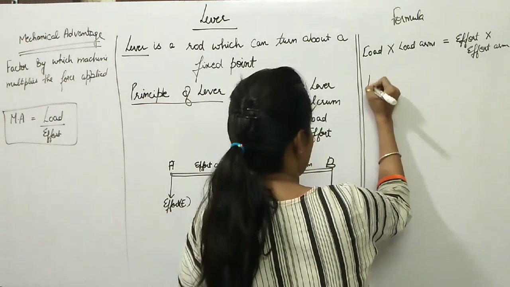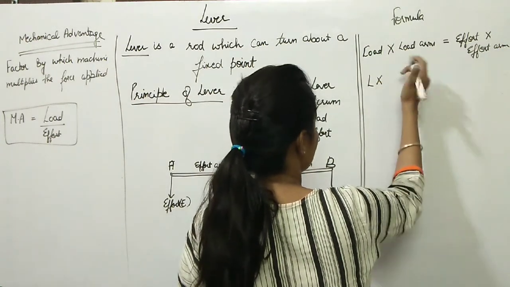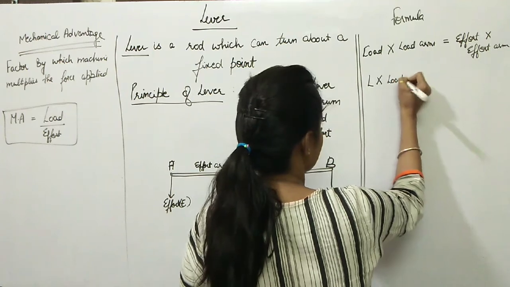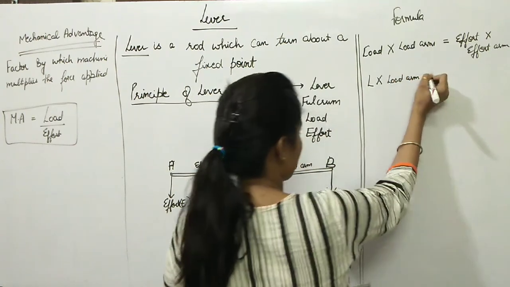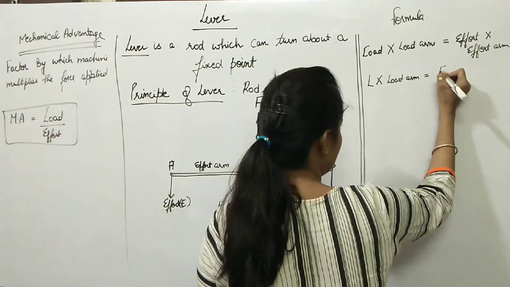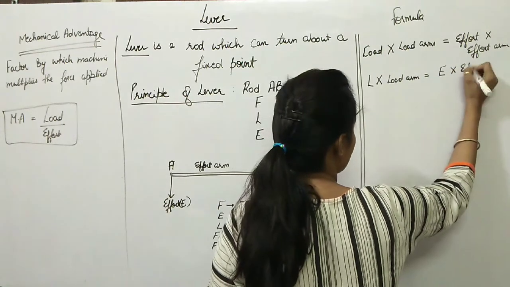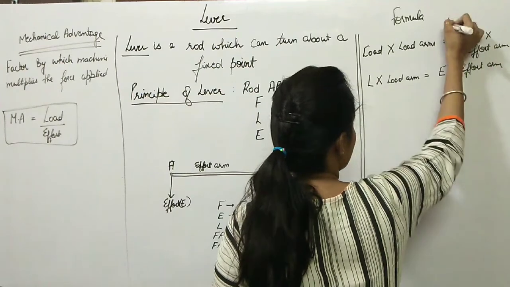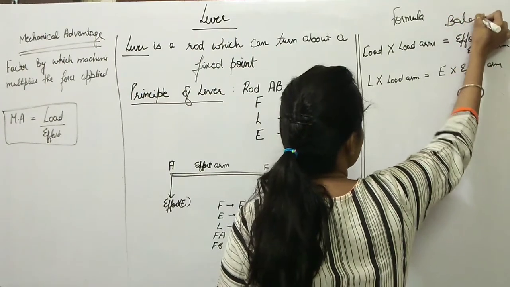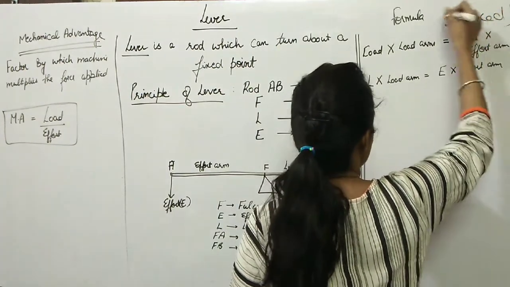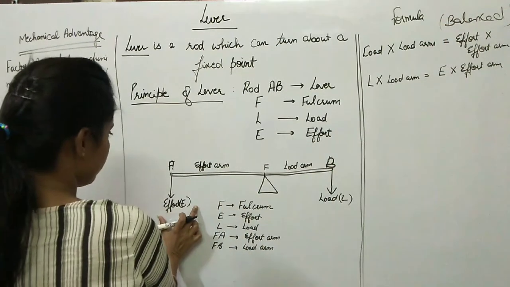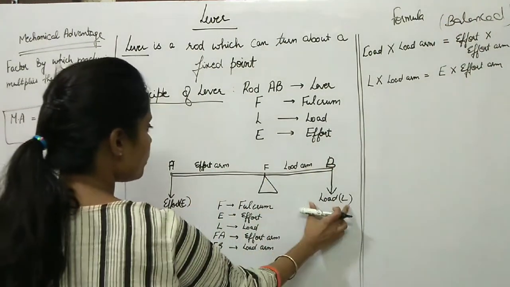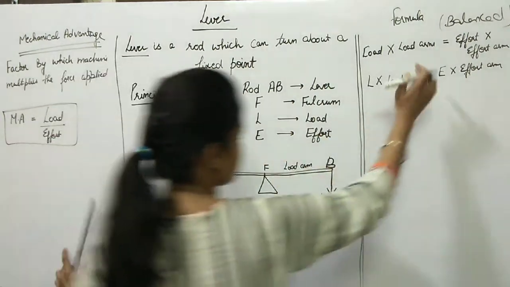Load L into load arm equals effort E into effort arm, when they are balanced, when they are in a straight line. Effort into effort arm, load into load arm, they are balanced, with an equal sign.